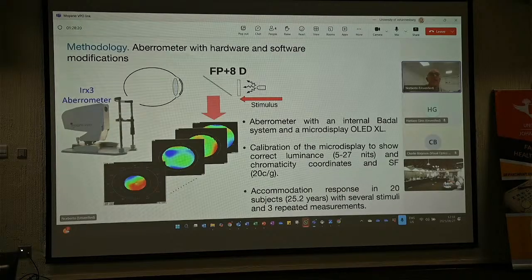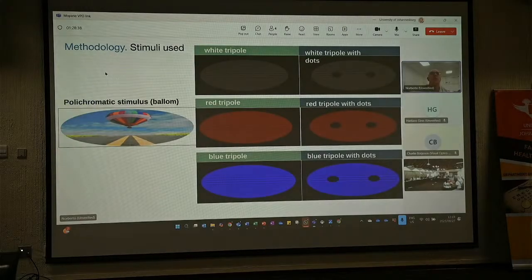With these values of the aberrations, we obtain the accommodation response in 20 subjects using several stimuli, with repeated measurements 3 times. The stimuli used were typically polychromatic.